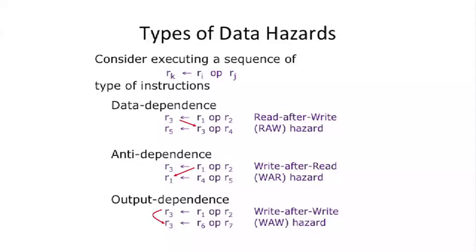So let's consider some example instructions where you operate on register I and register J and put the result into register K. We're going to look at different types of dependencies, and we're going to name them. The basic dependency here is a read after write hazard, or a read after write dependence.